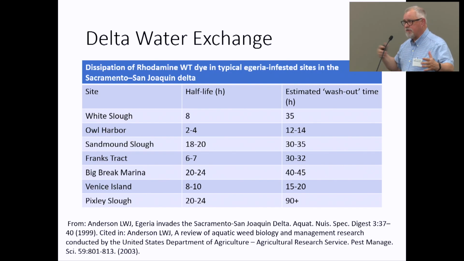And the estimated washout time, how long it would take for the herbicide to wash out of the site, was anywhere from 12 hours to more than 90 hours. So you can see that at some sites, the fluridone will be much more effective because it's going to tend to stay in there, and at other sites, it's going to wash out fairly quickly.